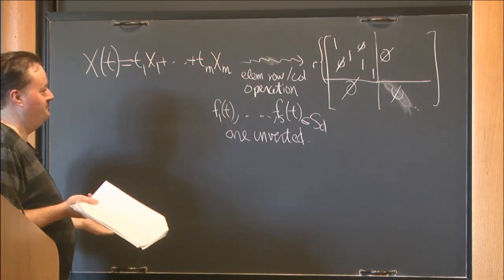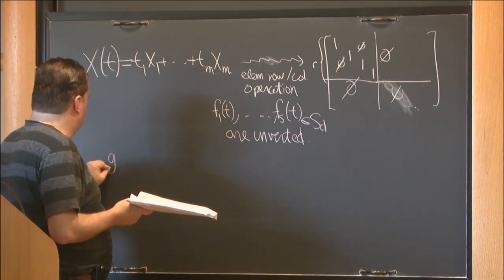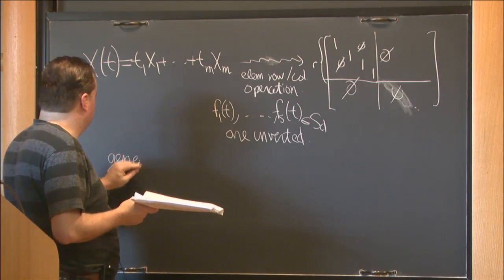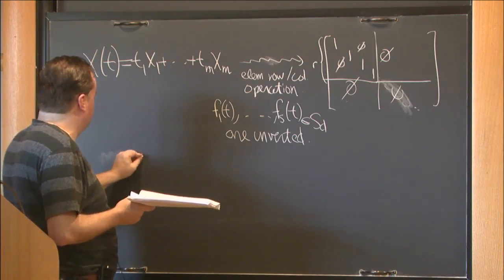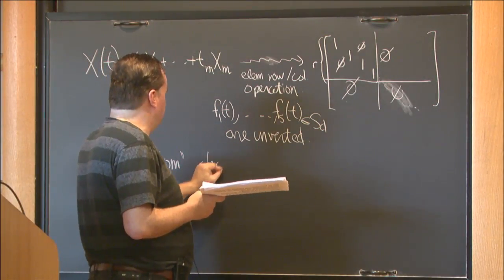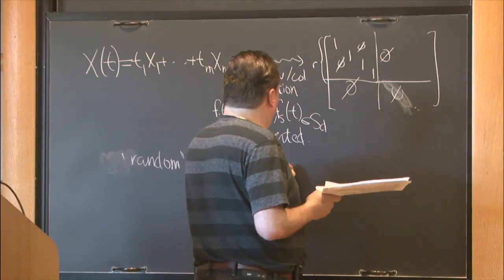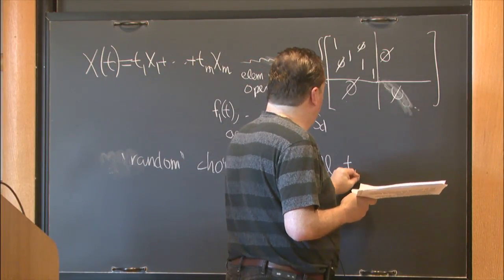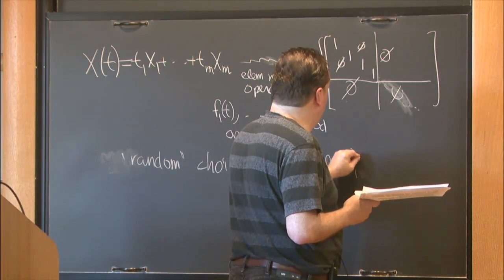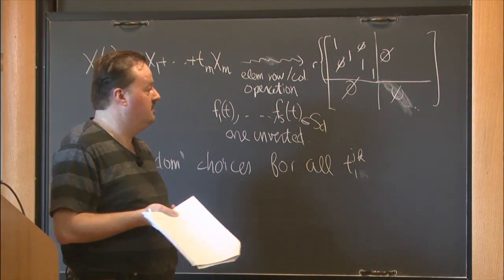But now we're sort of done in a way. So maybe I'll just say we take random, or generic enough, choices for all t, i, j, k. For all these commutative variables, we can just plug in random numbers.